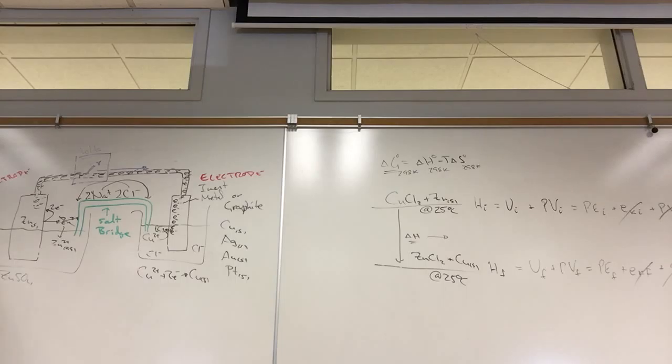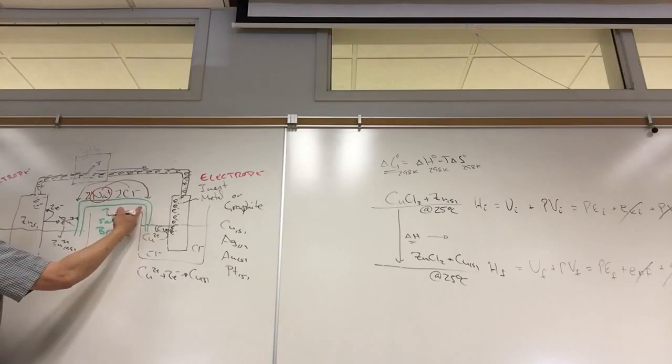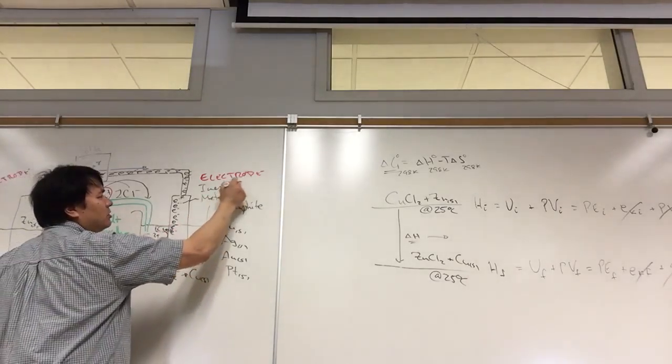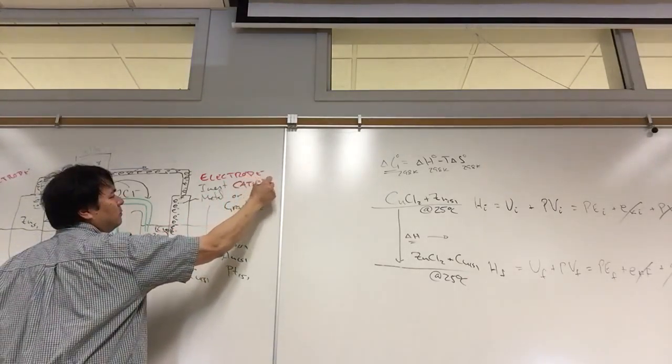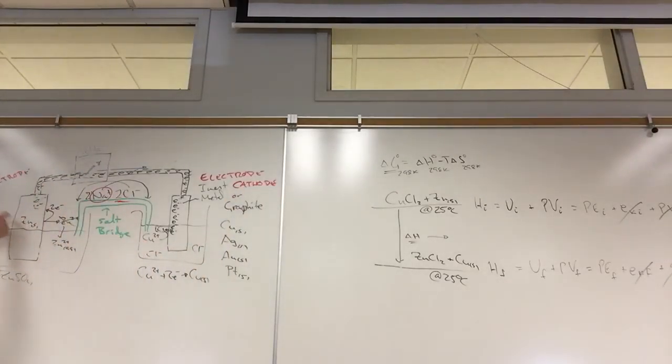The electrodes are going to be defined by what ions travel to them. So for example, cations go to this electrode, so we call this electrode the cathode. And if we look over here, anions go to this electrode, so we call this electrode the anode.